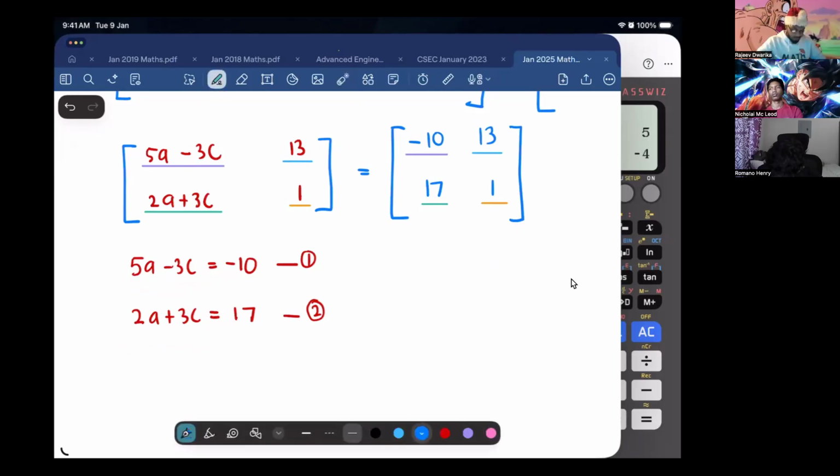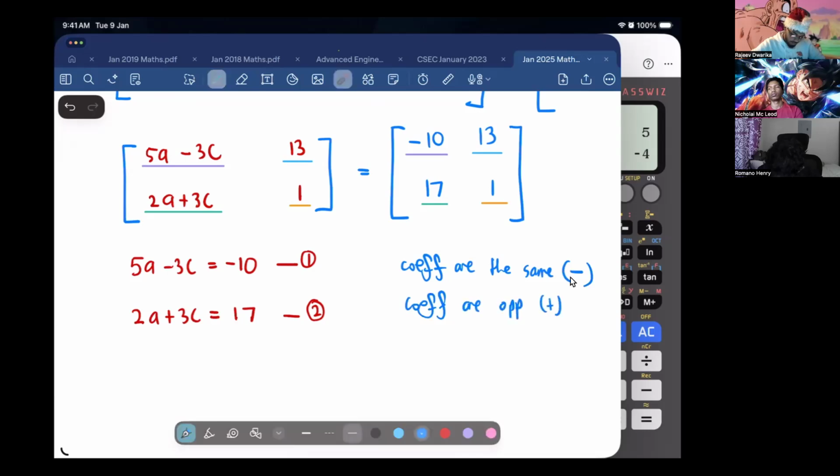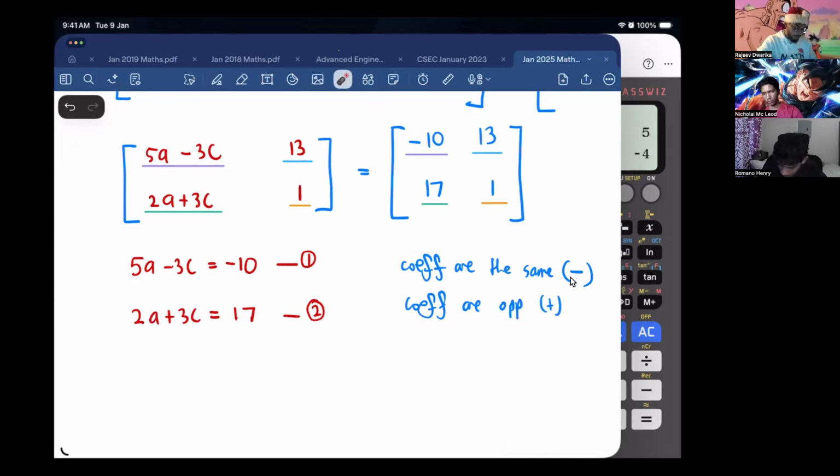So generally speaking, if the coefficients are the same, you subtract. If the coefficients are opposites, you add.